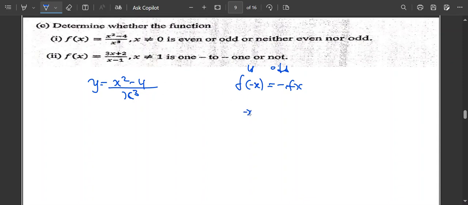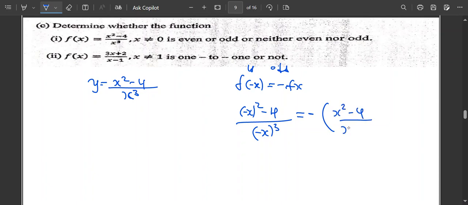So negative x squared, minus, open bracket, negative x to the power 3, is equal to the same function multiplied by a negative: x squared minus 4 over x to the power 3. Then it will be just x squared minus 4 over negative x cubed.